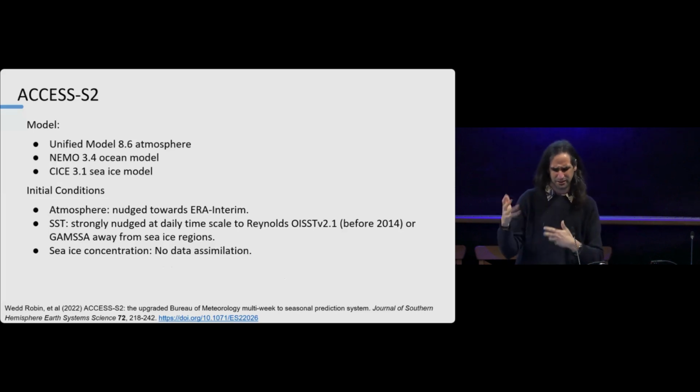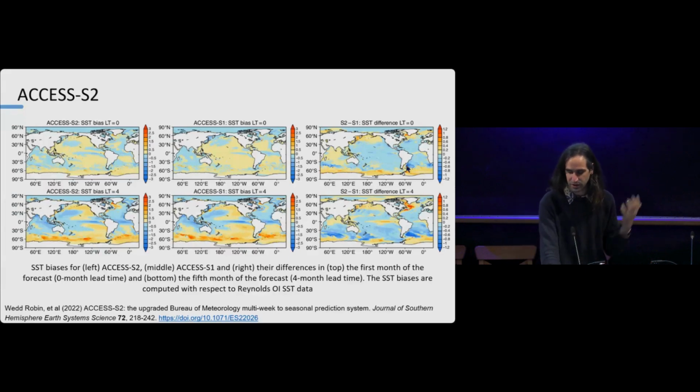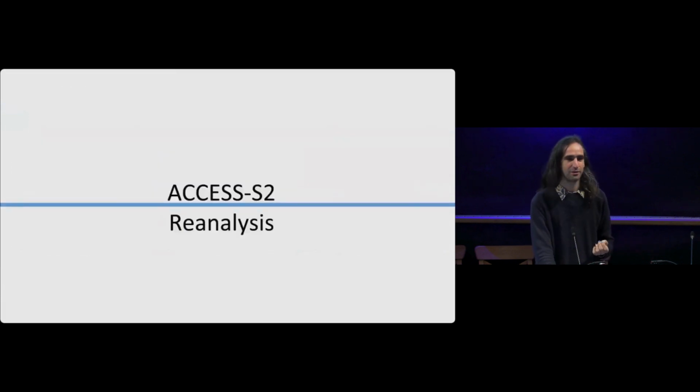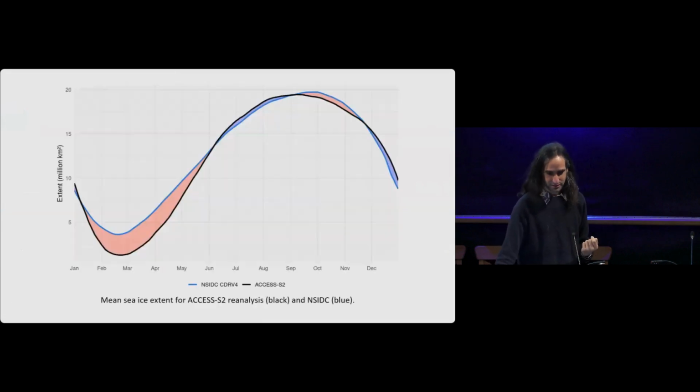It's kind of implied by assimilation of sea surface temperature near the sea ice edge, but there's no sea ice concentration assimilation. In comparison with ACCESS-S1, the previous iteration, the bias in sea surface temperature at high latitudes is actually worse than in ACCESS-S2. So we can expect it's going to have a tough time simulating sea ice.